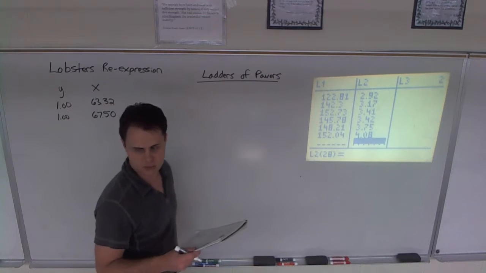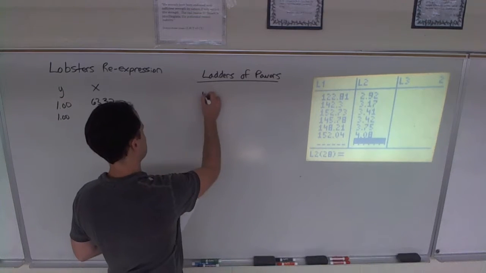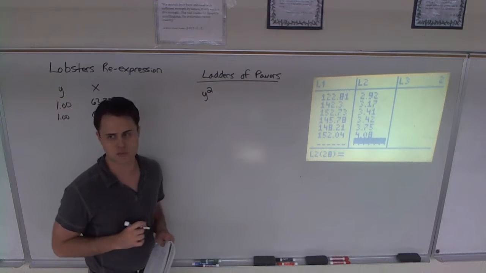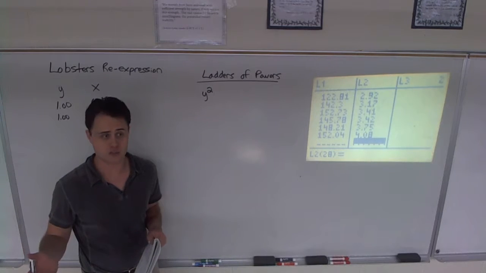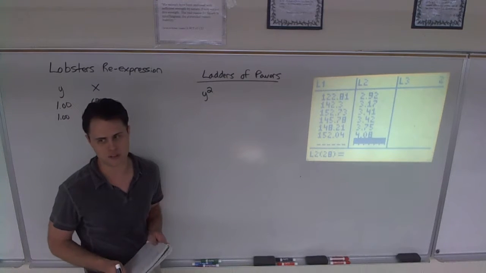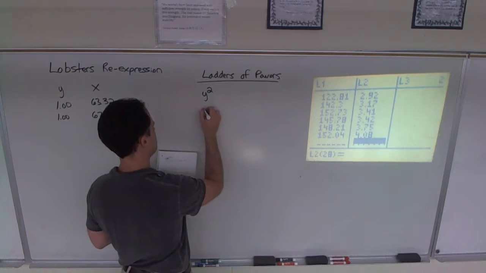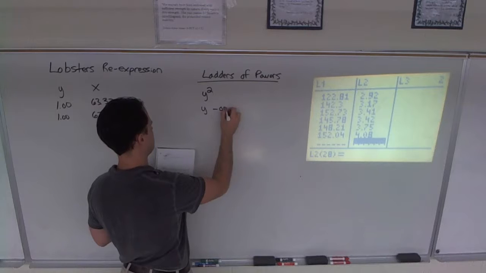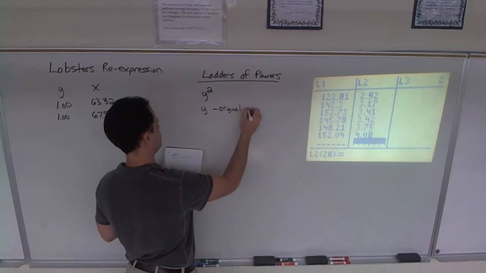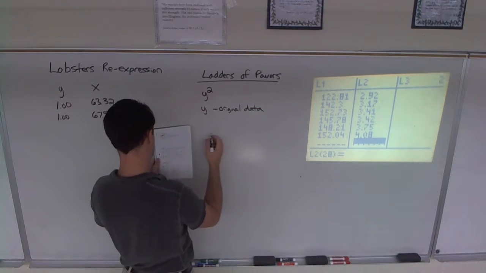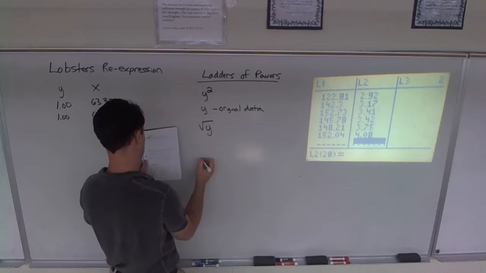So let me write down some of the transformations you guys just mentioned. And I'm just going to write them all down in terms of just the response variable, just the y's. Remember, you could also apply these to the x's, and we will be today. So you have y squared, you have the original data. You can do the square root, that's something no one mentioned.